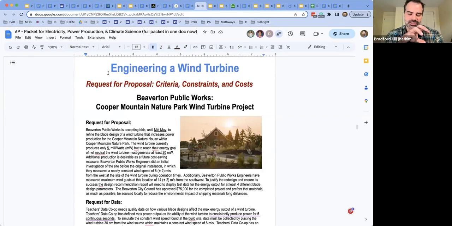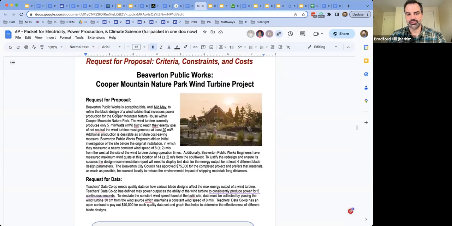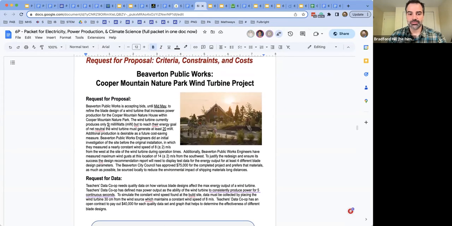I just wanted to not hop from electric guitars to wind turbines without showing how we keep the storyline going, so it has a great flow. In any case, we do arrive at engineering a wind turbine. Often, again, we just want that critical reading. They got the request for a proposal, and there are some critical things they have to read closely.